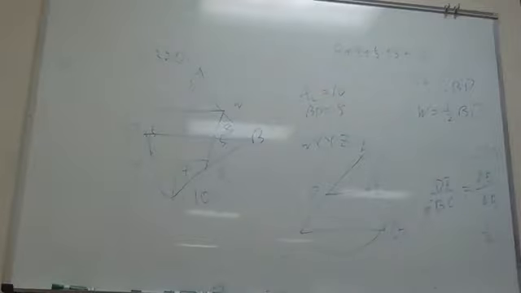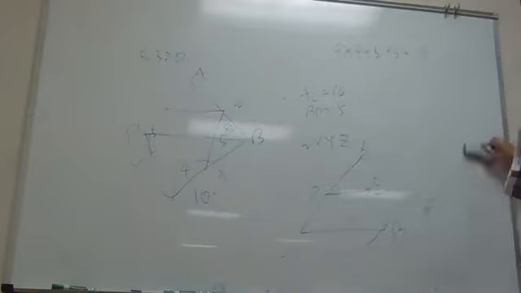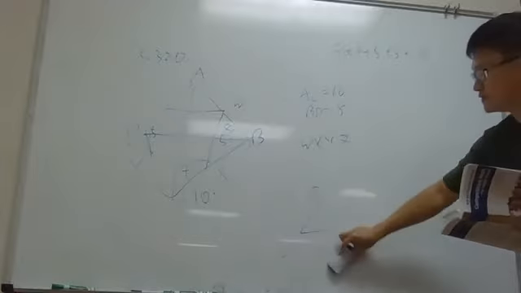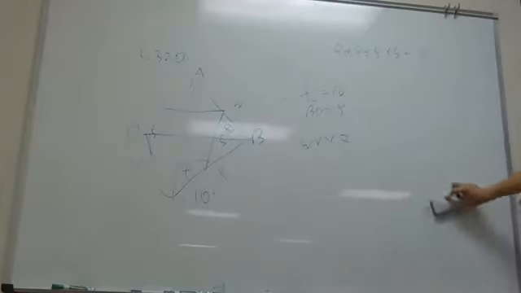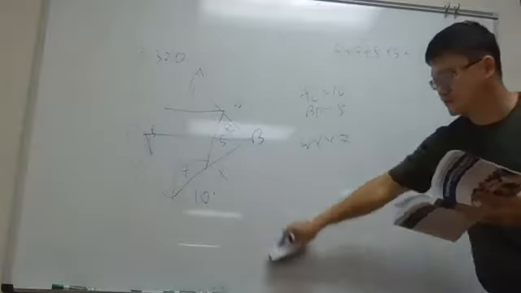Yeah, it's a perimeter. Area will be a totally different story. Okay, so area, I don't think I can do it. Yeah, but perimeter is very easy. Okay, so this one actually used the similar triangles inside.